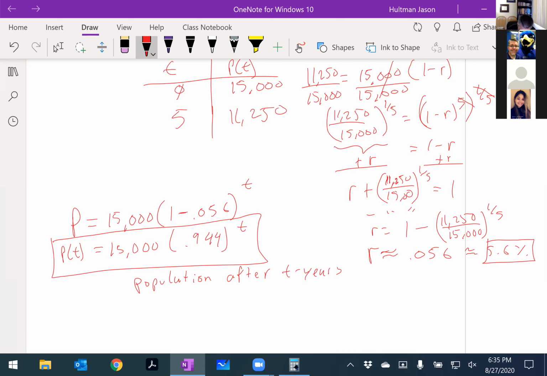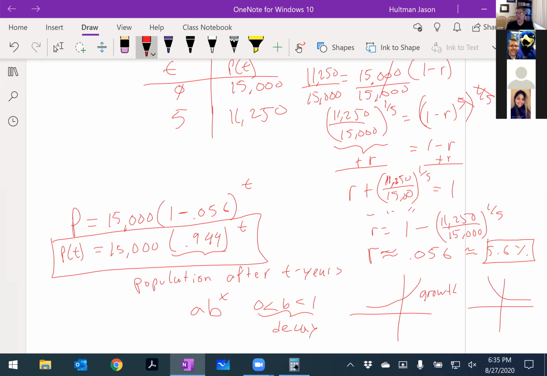And notice that the base here, the base b, if we think of it in terms of a times b to the x, or in this case t, notice that the base b is between 0 and 1. And if your base is between 0 and 1, that is exponential decay. Instead of growing exponentially, you're going to get exponential decay, and it's just going to go down.